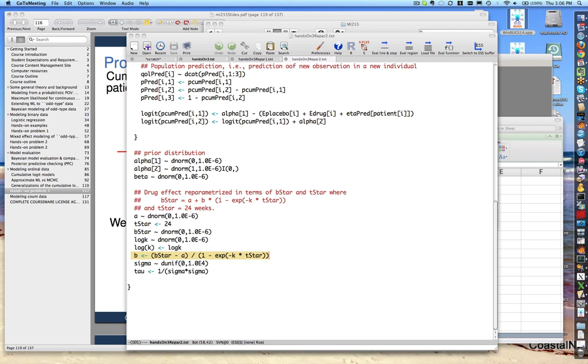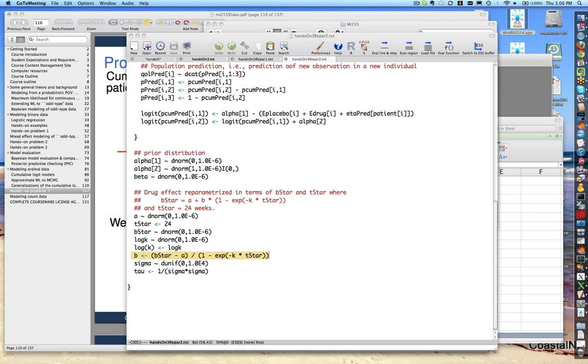I do have a question here that I just spotted. Question was, how does this parameterization allow e-drug to change with time? Now, I don't know whether that was asked in terms of the previous one or this one, but I think the answer is probably the same for either. It actually changes exactly the same, because the only thing it changes is what the MCMC sampler, and particularly the Gibbs sampler in WinBUGS, treats as the primary quantity that it's doing the sampling on.